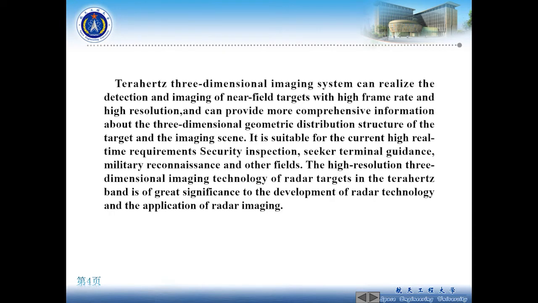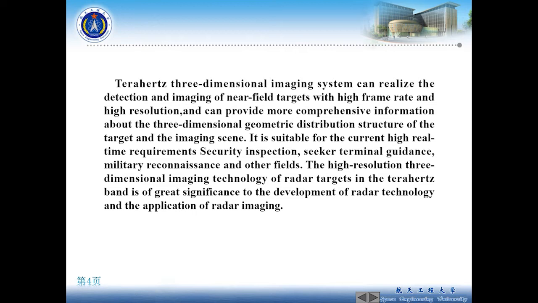Abstract. Terahertz 3-dimensional imaging systems can realize the detection and imaging of near-field targets with high frame rate and high resolution, and can provide more comprehensive information about the three-dimensional geometric distribution and structure of the target.